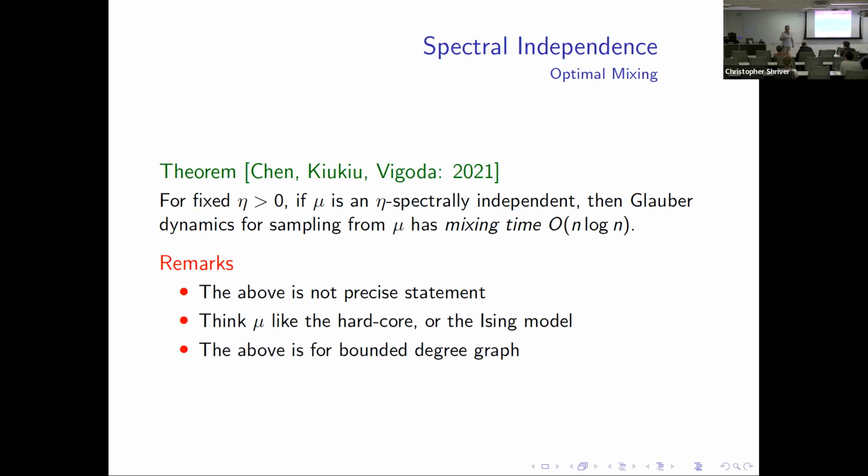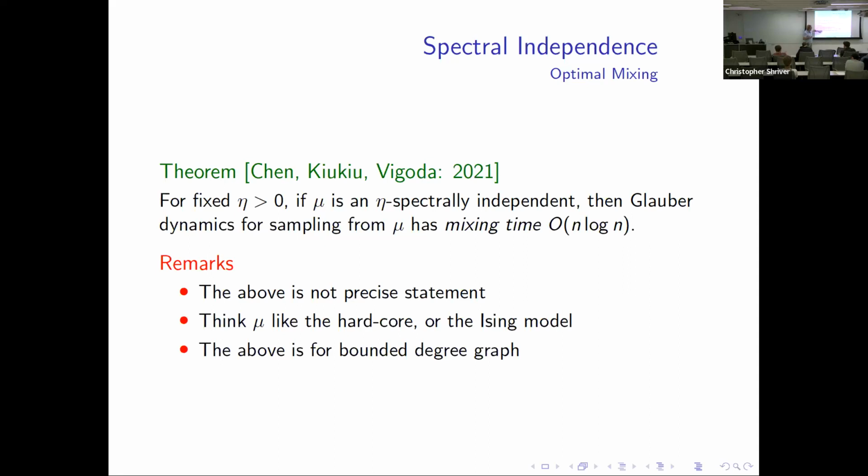Actually, it's horrible. This is why we have bounded degree. I'm not precise here, actually. But if you are bounded degree and eta is a fixed number, then I'm more or less 99% accurate. Not mathematically, but to convey the idea.